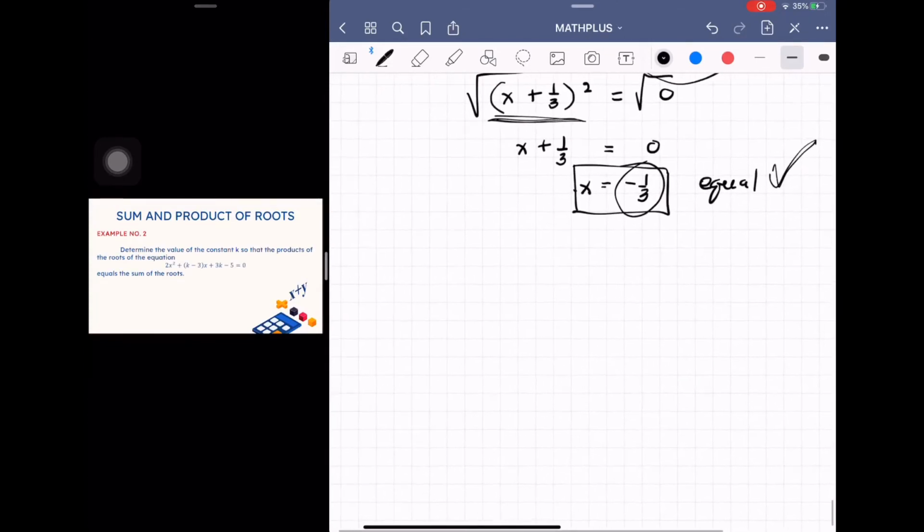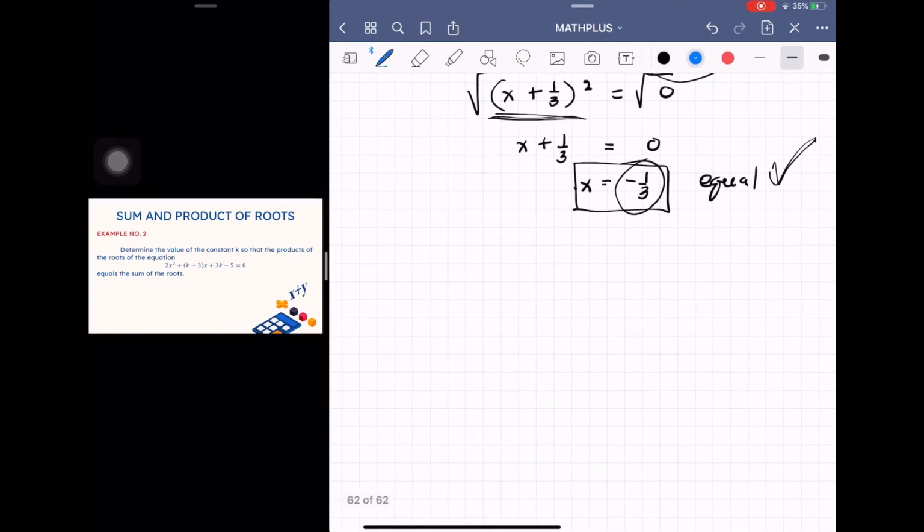So for example number 2, let's get our blue pen and write example number 2. So in this problem, you have to determine again the constant k, determine the value of the constant k so that the products of the roots of the equation, you have an equation given which is 2x squared plus k minus 3x plus 3k minus 5 equal to 0.